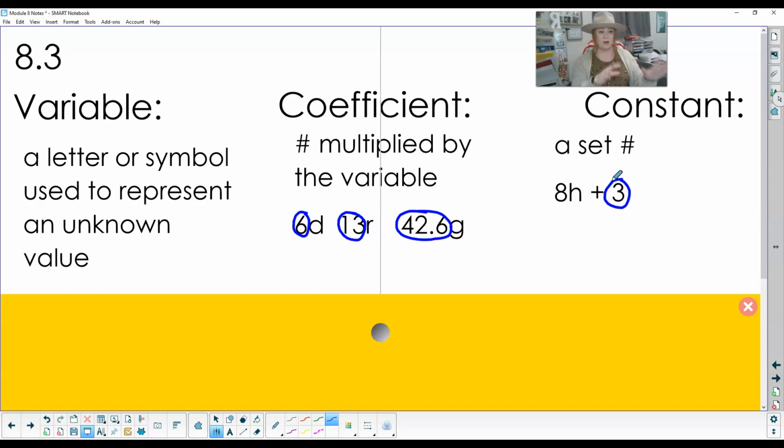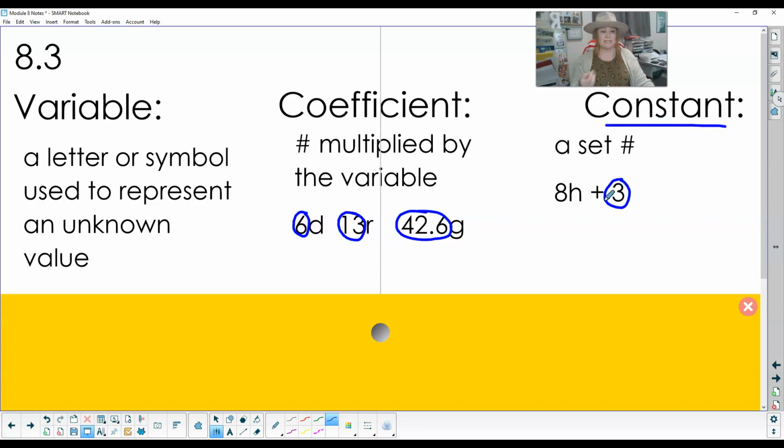Those 3 kids are not changing. Whether I have 4 hippo parents times 8, whether I have 19 sets of hippo parents that have 8 kids, I have 42 sets of hippo parents that each have 8 kids, there's always these 3 extra. That is constant, and it's not changing.